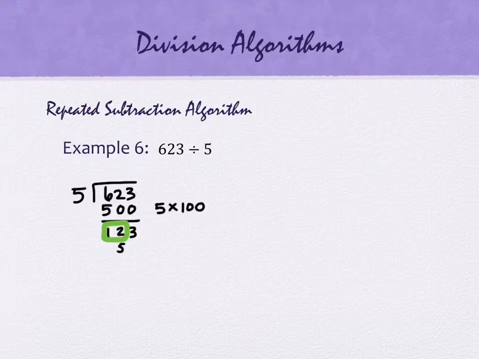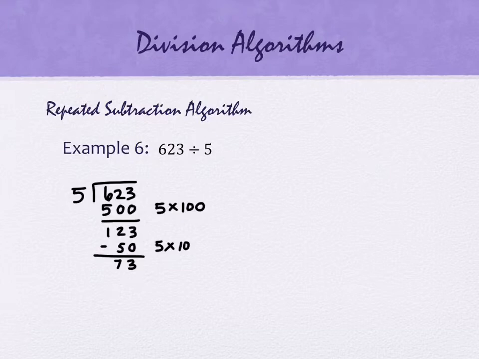So what is 12? Well, first, let me write my 0 here. So this is 5 times 10, to subtract actually 50. So what is 12 minus 5? That's 7, so now I have 73.